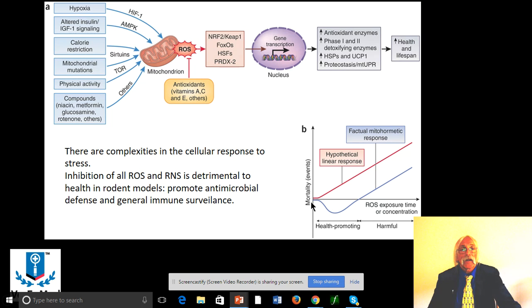This is mortality events, whatever they happen to be. They're going to be increasing, right? But you're going to have a period of time, if it's a linear process, where you're never going to be able to reap any benefits with reactive oxygen. And what this model suggests, this is primarily from animal work, and we can go deeply into this too, because there's a lot of interesting papers here, is that you actually get health promoting effects from exposure to reactive oxygen.